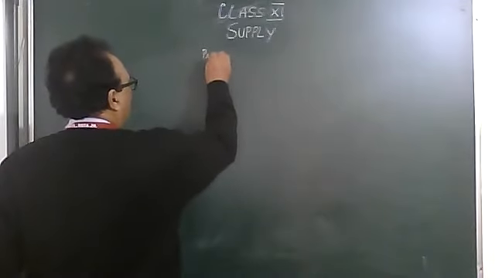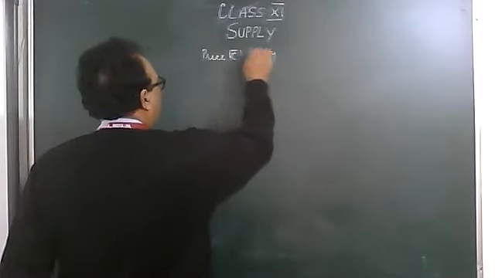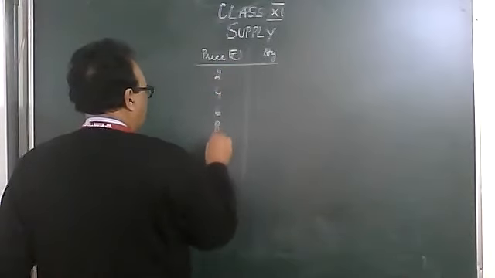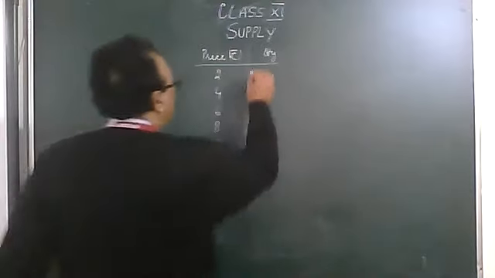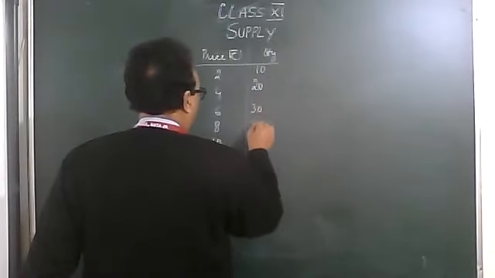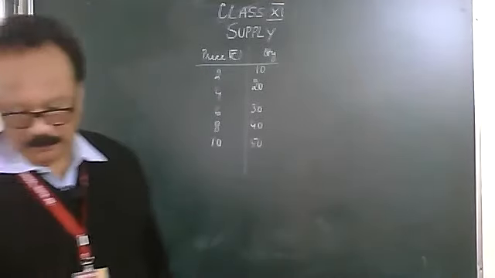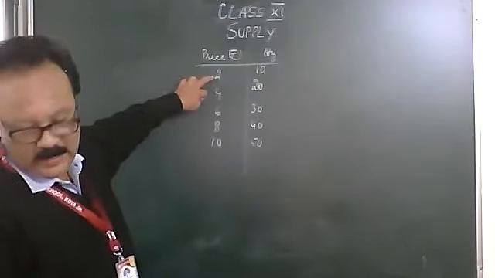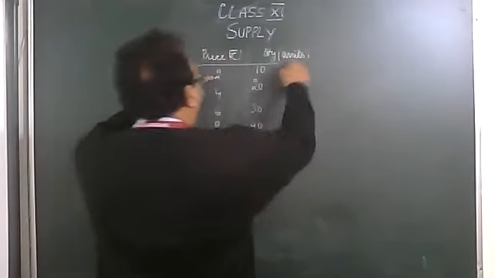So we have a schedule, price which is given in rupees and quantity supplied: 2, 4, 6, 8 and 10. There is a positive relationship. When the price was 2, the quantity supplied, let's say in units, was 10 units.